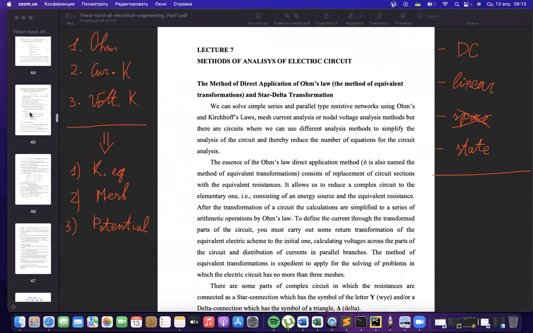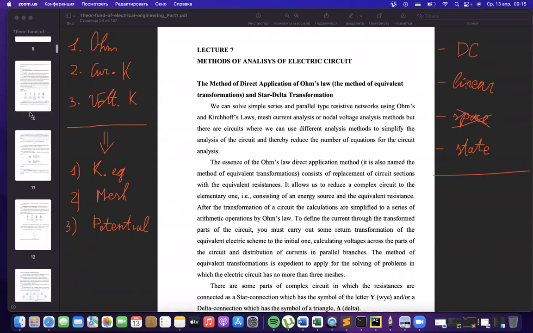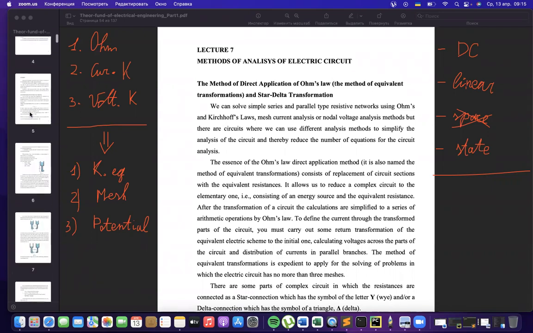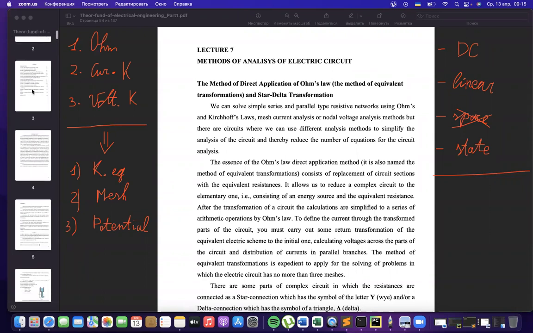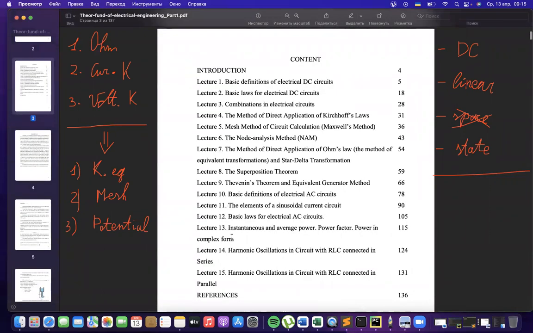I think let's better see it on the list of topics. We finished on topic number 7 in the previous short lecture. Today we will discuss some equivalent transformation.